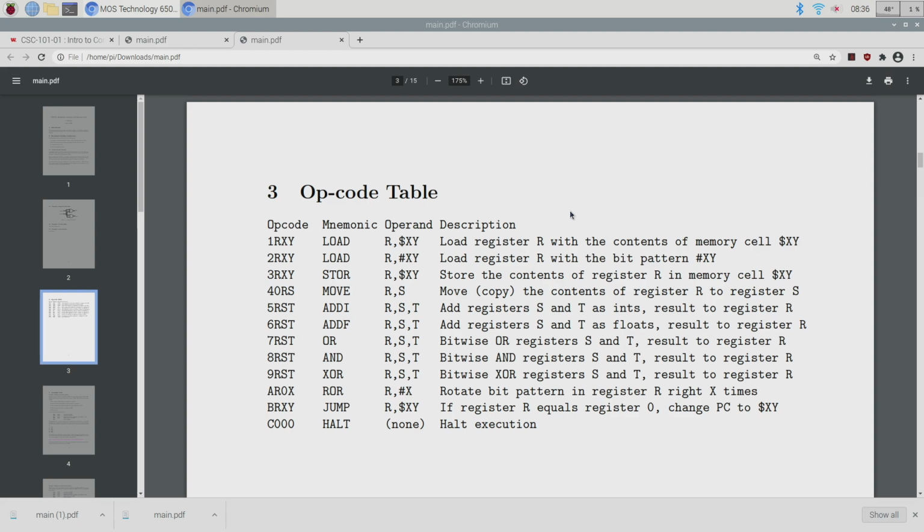All right. The next 8 instructions are arithmetic or logical. The book that I got this from actually defines 2 different types of addition, one for integers and one for floats.